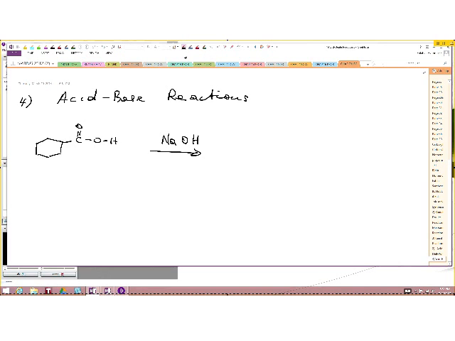The sodium hydroxide will simply react in an acid-base reaction with the acid, and then what do you get?